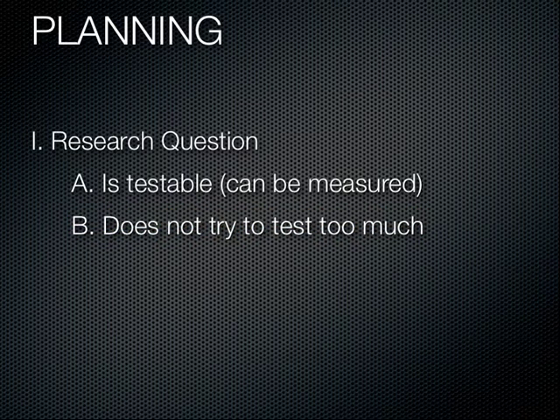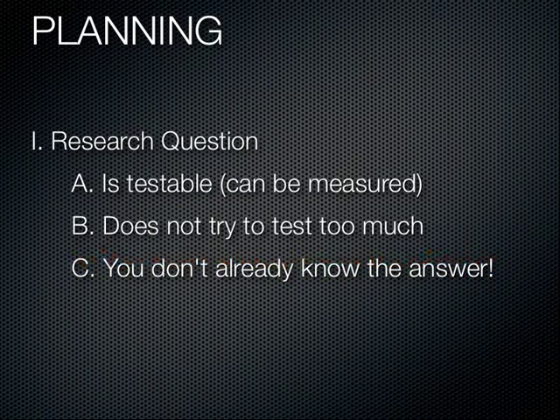But at the same time, it's not trying to test too much. We don't want to have too many things that we're looking at. And it's important that you don't already know the answer. Otherwise, there wouldn't be much point to going through the whole scientific method if you already know the answer. So our research question is trying to become short and answerable.